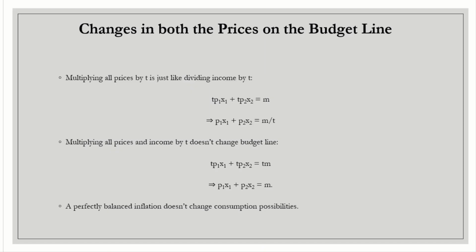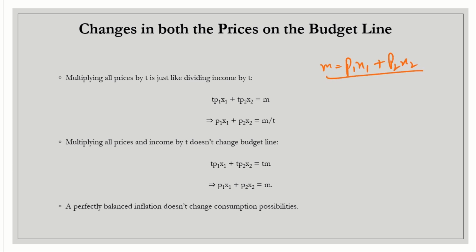Now let's talk about if both the prices on the budget line are going to change. What do we mean by both the prices changing? Here we simply mean that, for example, if you recall, we had the equation M equals P1 x1 plus P2 x2.